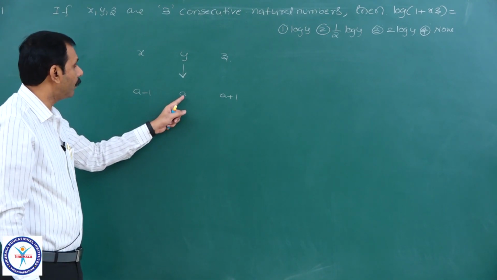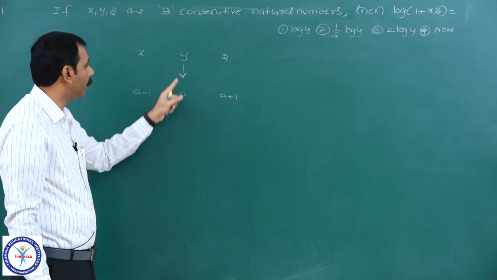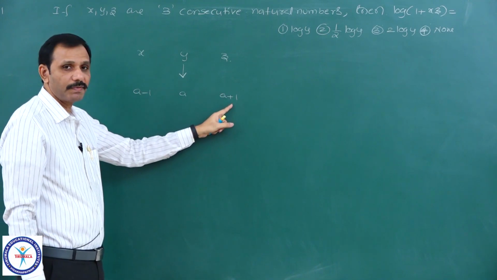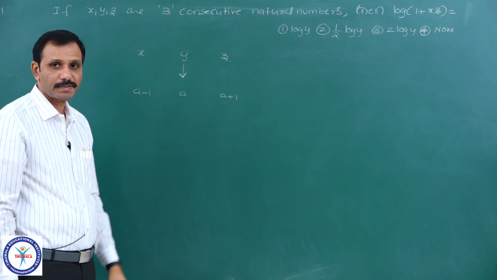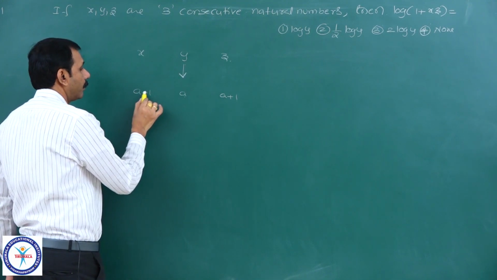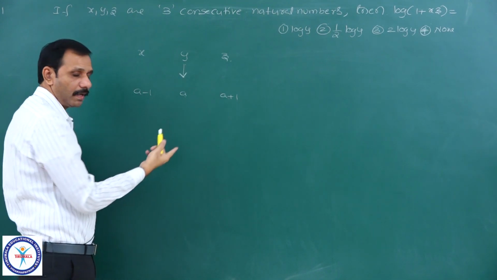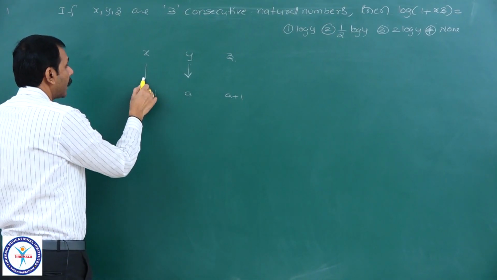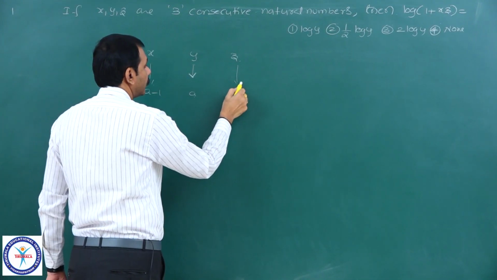Suppose a equal to 5, I mean y equal to 5, then 5 minus 1 is 4, 5 plus 1 is 6: 4, 5, 6. Suppose I take a equal to 10, then 10 minus 1, 10 plus 1, all these 3 are consecutive. Therefore, it is my x, it is y, it is z.